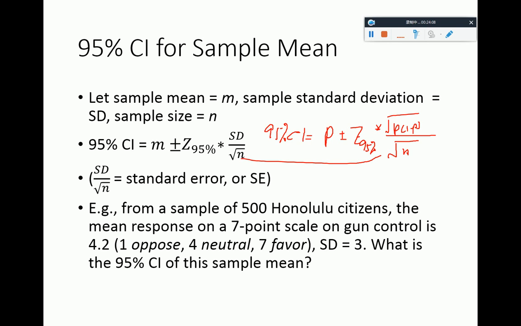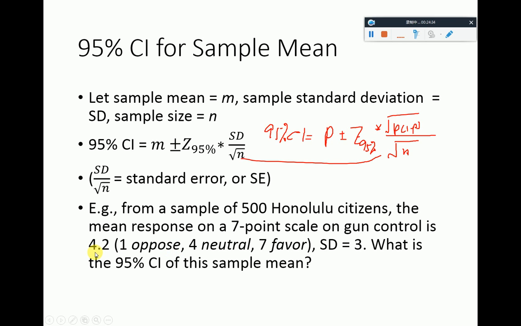For example, we can perform a point estimate using the sample mean. Because the mean response of this sample of 500 is 4.2, we can guess that the population mean, or the average population attitude toward gun control, should be around 4.2.